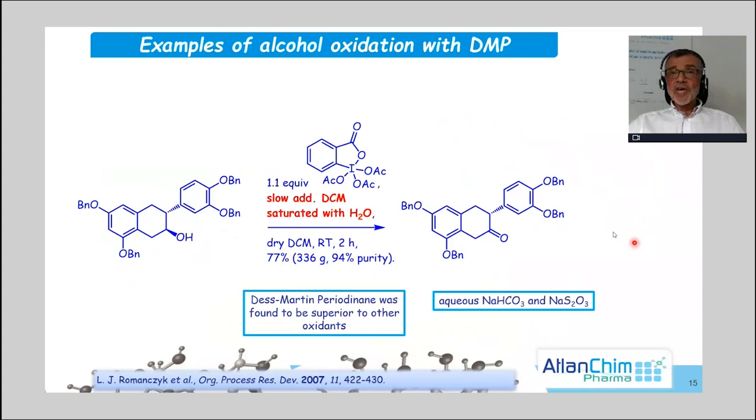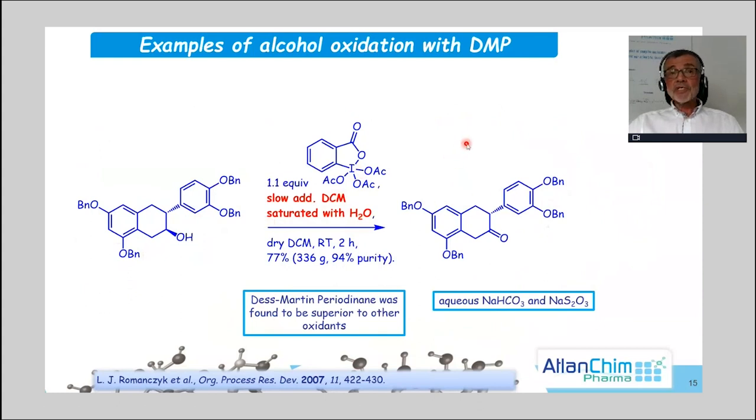In this other example concerning the scalable process for the synthesis of naturally occurring polyphenols, after addition of around 300 grams of Dess-Martin's reagent to a solution of this alcohol in dichloromethane, a solution of dichloromethane saturated with water was added dropwise during around 1.5 hours.